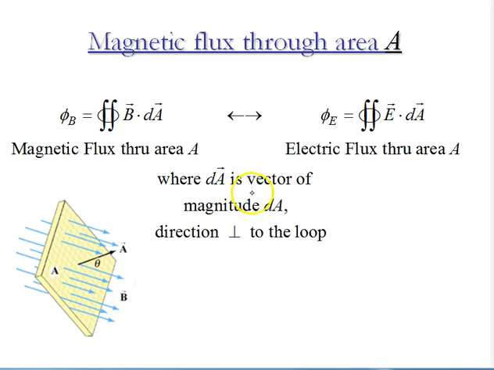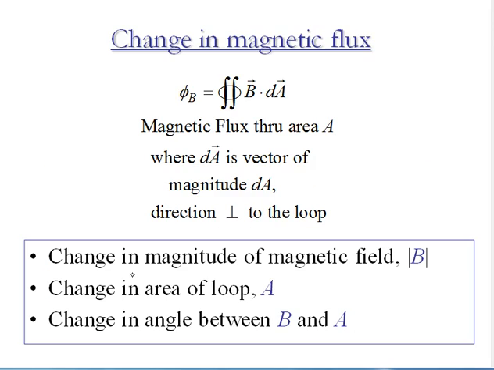Our dA is the same: it's a vector, it has a magnitude of the differential area, and it has a direction that's perpendicular to the loop. So if we pick a section of the loop, or a complete loop that is in one plane, then our area vector is the sum of all those dA vectors. They're all in the same direction. The angle theta here is the angle between the perpendicular to the loop and the magnetic field.